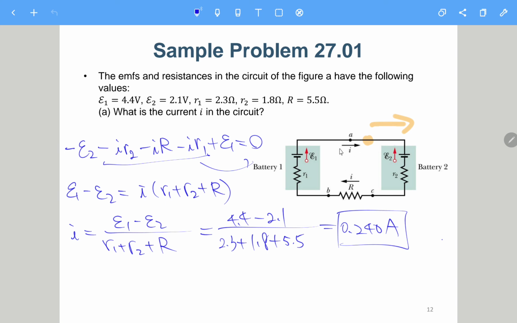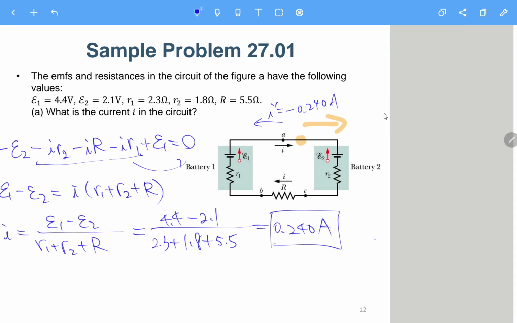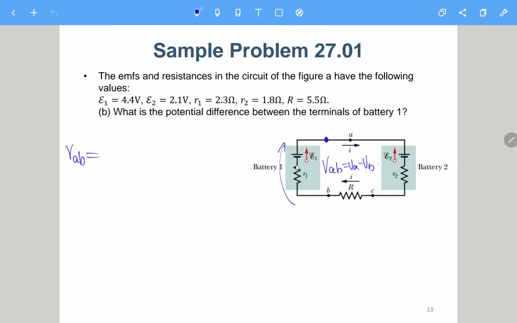Then finally, if the answer is negative, then the direction is reversed. Just say if originally we assume the current I is going from right to left, then finally you will come up with I prime to be negative 0.240 to the left side, which means that it should be going to the right side as a positive value.